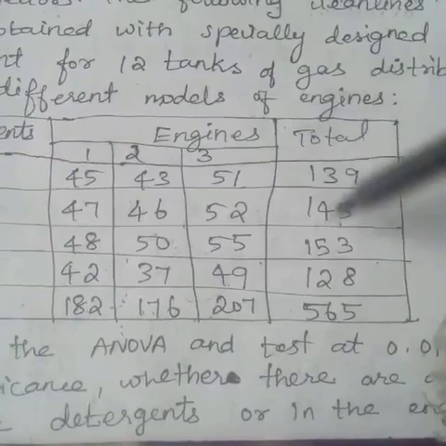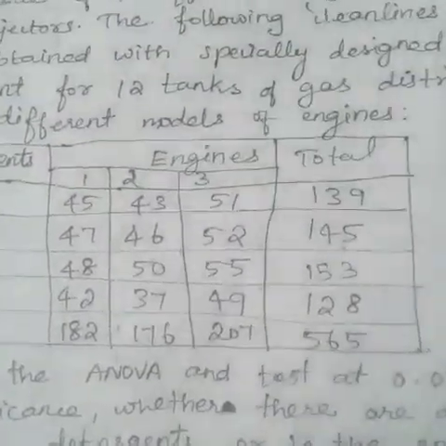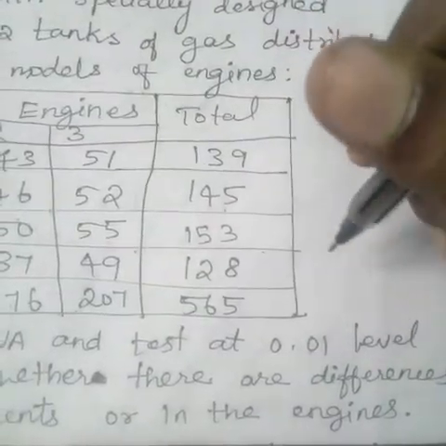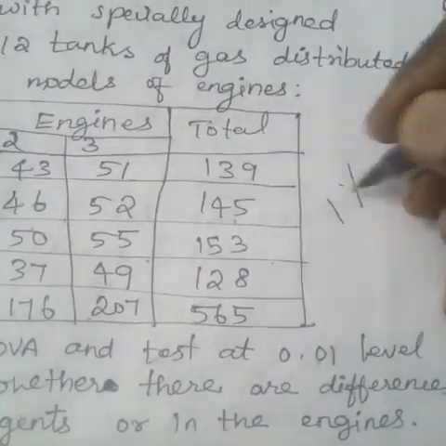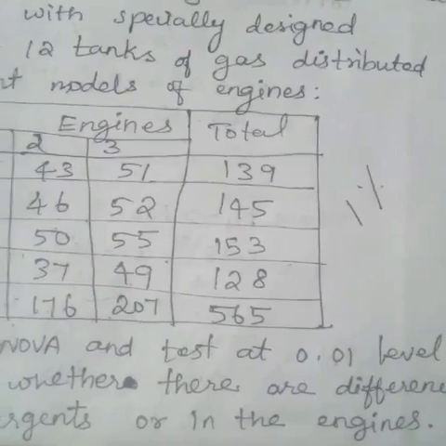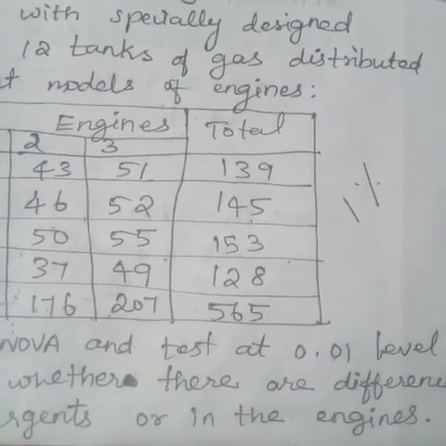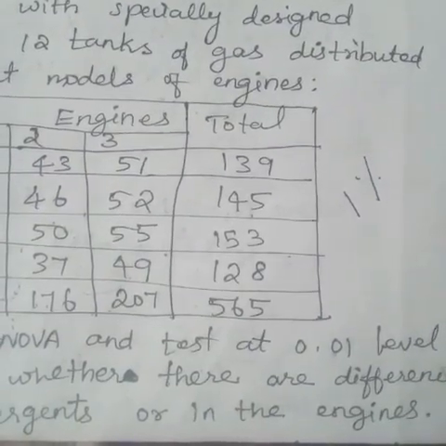And here are the total values. Perform an ANOVA table and test at the 0.01 level. So it is mentioned in the question that the level of significance is 1%. If not mentioned, we usually use the 5% level. If the level is mentioned, we use the particular mentioned LOS, level of significance.